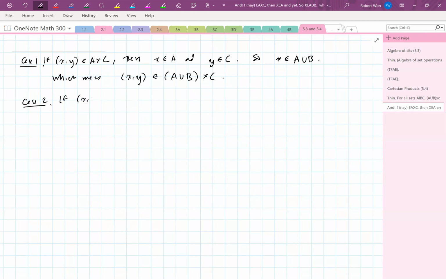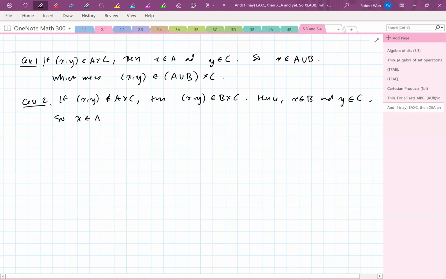If x comma y is not in A cross C, then x comma y is in B cross C, because x comma y was in the union of those two sets. Hence, x is in B and y is in C. So x is also in A union B, and therefore x comma y is in A union B cross C.